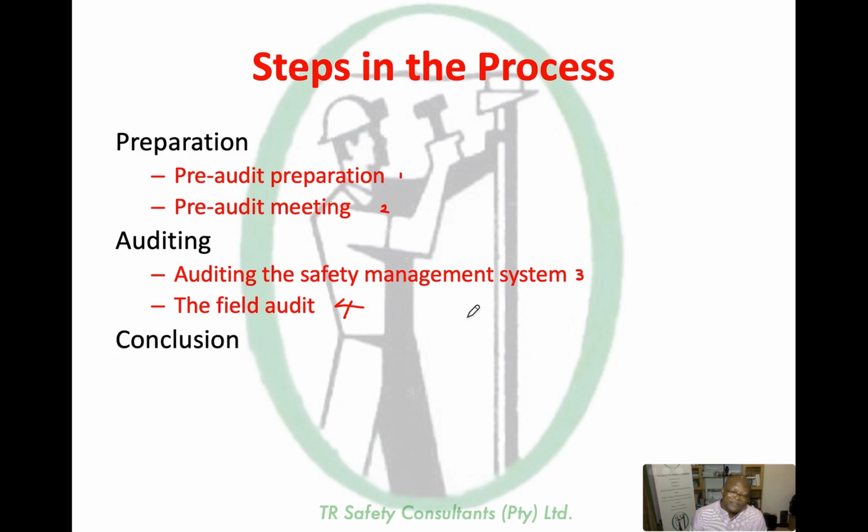And then there is the conclusion in the post-audit things. This is when you come out from the audit and you are meeting the officials, step number 5. So you have a post-audit meeting whereby you are giving feedback, which we're going to also discuss how you do it. You are giving feedback to your client about your observations, about your audit points, roughly.